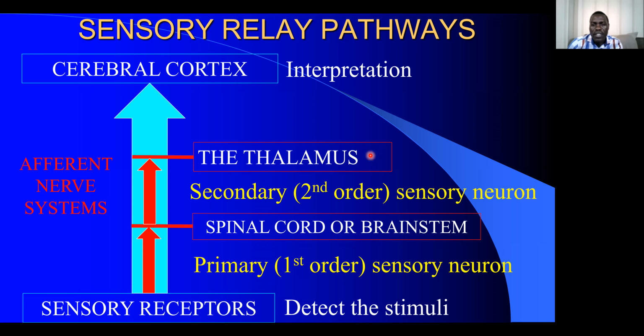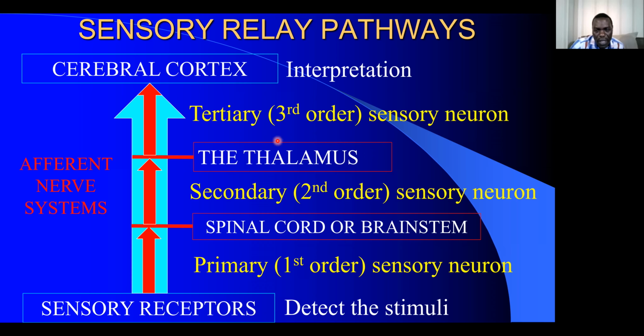And from the thalamus, then we have the third order sensory neuron. Therefore, third order sensory neuron can just be called thalamocortical radiations. They come from the thalamus to the cerebral cortex, thalamocortical radiation. Why do these sensations go to the cerebral cortex?